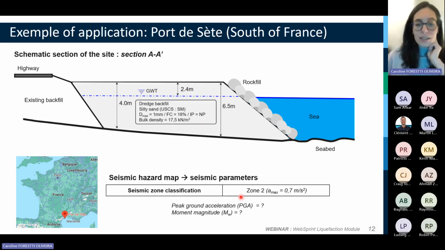So it's not that seismic, but for the analysis we'll be doing today, we'll put it as zone 3 or 4. So the peak ground acceleration is higher, the moment magnitude is higher, and you can have some areas of the site that will liquefy, so you can see a more interesting result.